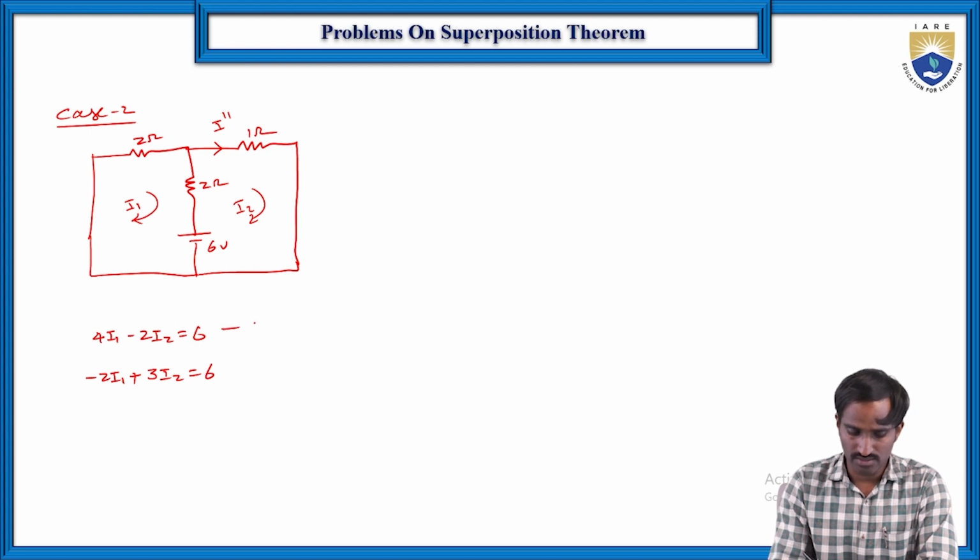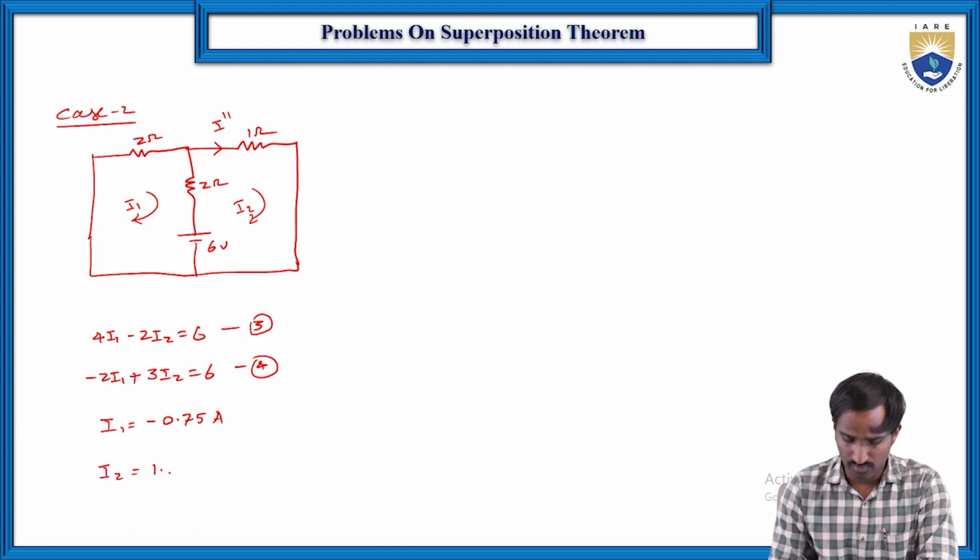So again let us consider this is equation number 3 and this is equation number 4. So by solving these two equations, you will get I1 equal to minus 0.75 amperes, and I2 equal to 1.5 amperes. So here this I2 is equal to I double dash, which is equal to 1.5 amperes. So this is the second case, right?